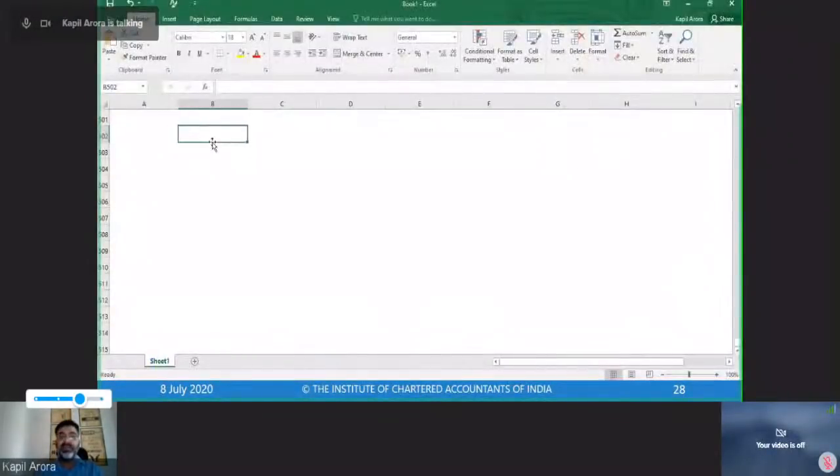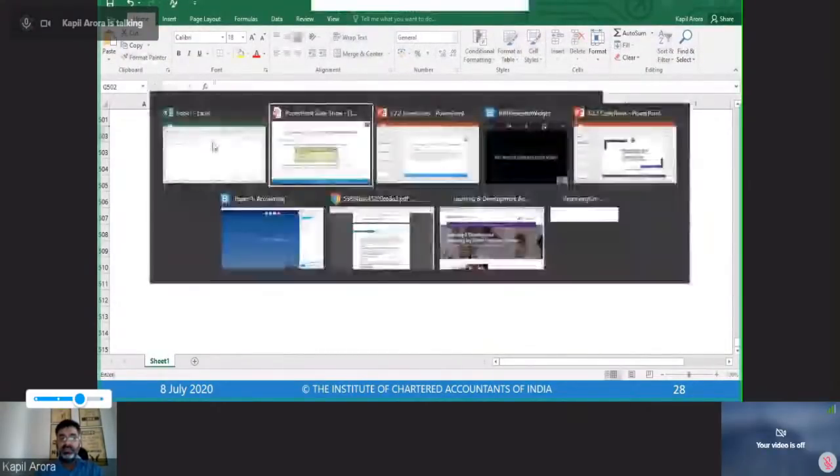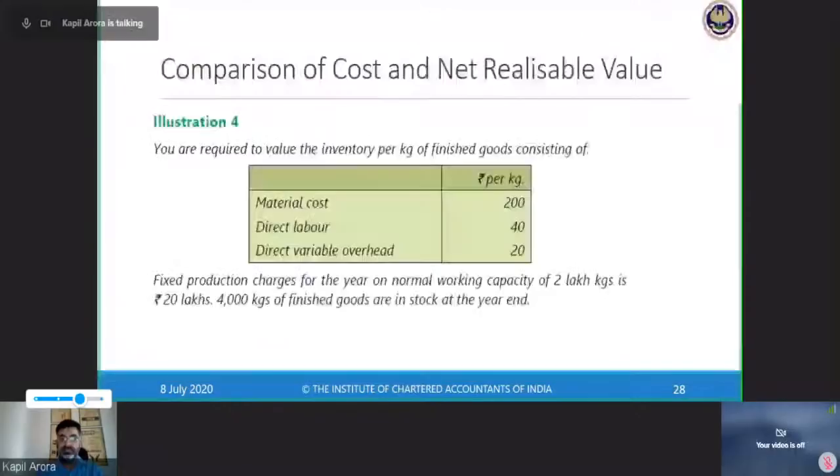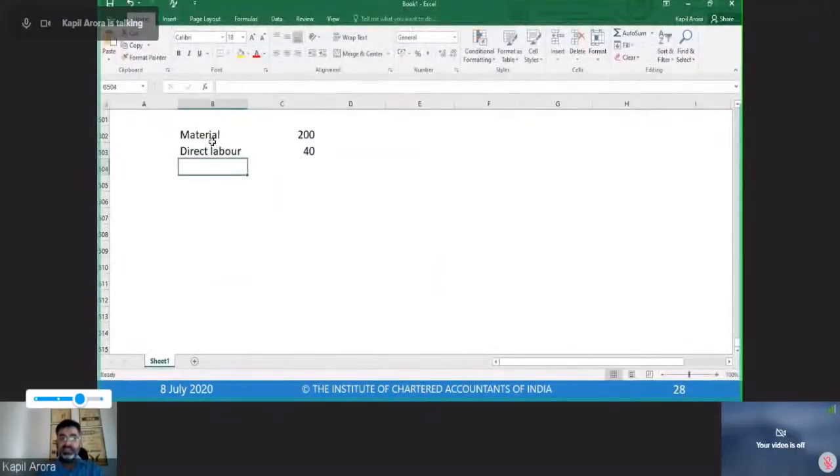So per unit inventory was: material 200, direct labor 40, direct overheads 20.